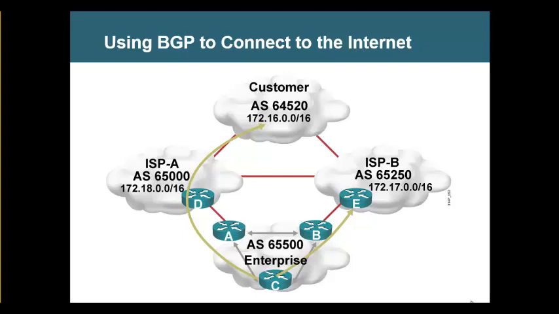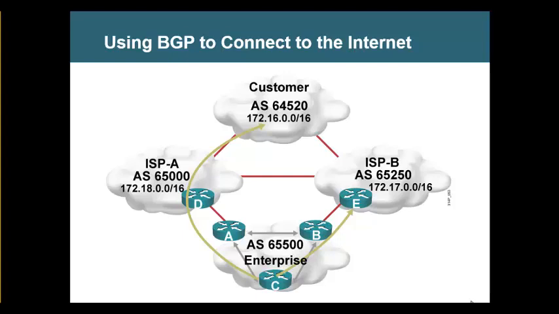We may have ISP A as primary and ISP B as secondary, or ISP A to reach all our remote branch offices and ISP B to reach the rest of the world. Or we may use ISP A to take all the time sensitive traffic like voice, video, and the rest of the traffic via ISP B.